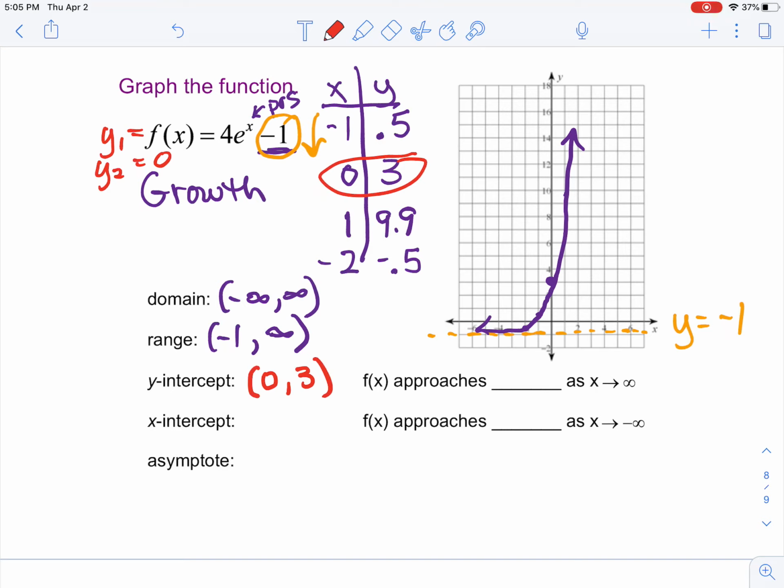Remember, for intersect, you do second, trace, 5. Get it close. Enter 3 times. And you get -1.386. Okay, your asymptote we already have, y equals -1.